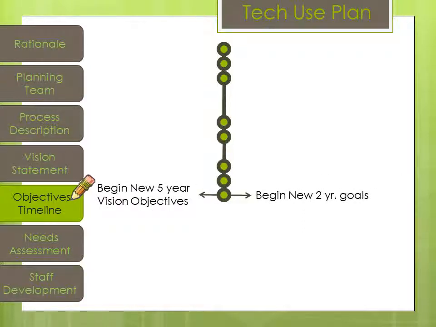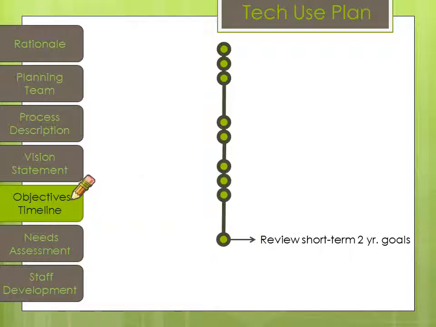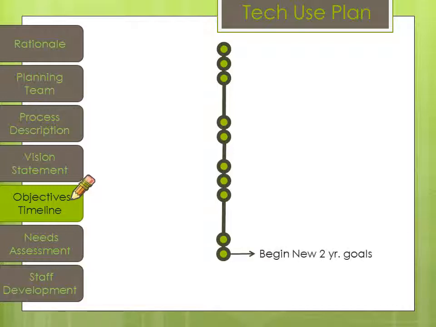And then you begin that new 5-year long-term vision as you set up the changes that you made there, and then again begin your short-term goals that are attainable and something you're able to continue on with. As you then move on to review those short-term goals again and again in that same repeating cycle, you can continue to adapt and adjust to technology as it moves on and as new technologies emerge.